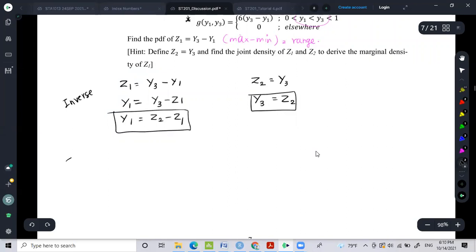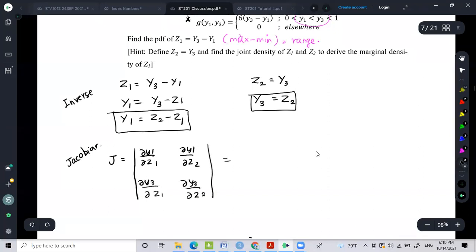What is the next step? Find the Jacobian. Now you are very familiar with finding the Jacobian. The matrix has the partial derivative of Y1 with respect to Z1, the partial derivative of Y1 with respect to Z2, the partial derivative of Y3 with respect to Z1, and the partial derivative of Y3 with respect to Z2.